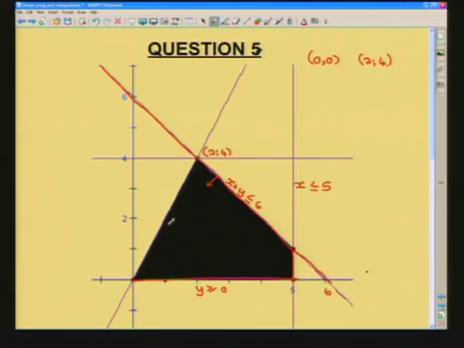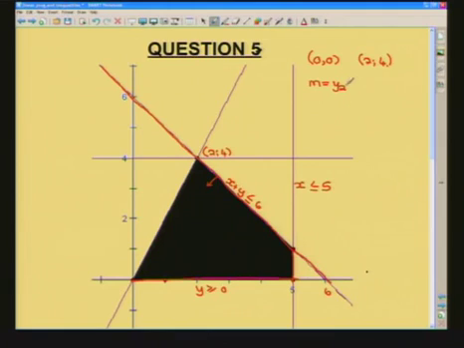Now, I can use my gradient method by saying the change in y is 4, the change in x is 2. So 4 over 2 gives me 2. And it'll be a positive gradient, so it's y equals 2x. Or I can use my good old traditional formula for the gradient: 4 minus 0 over 2 minus 0, which is 4 over 2, which gives me 2.